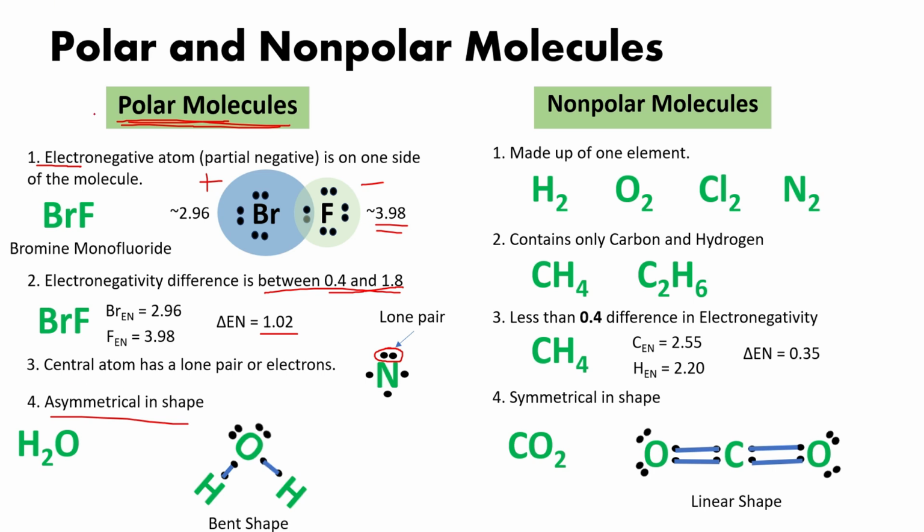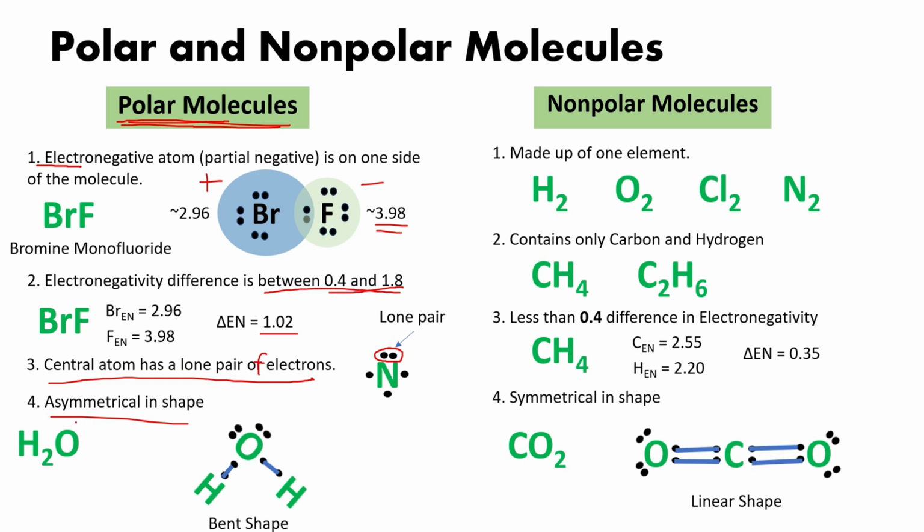Since in polar molecules, the condition is that the central atom must have only one pair of electrons. This should be 'of', not 'or'. Okay, I meant a lone pair of electrons.